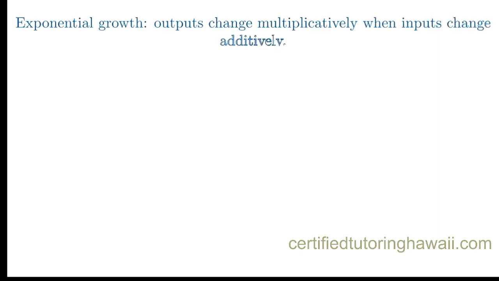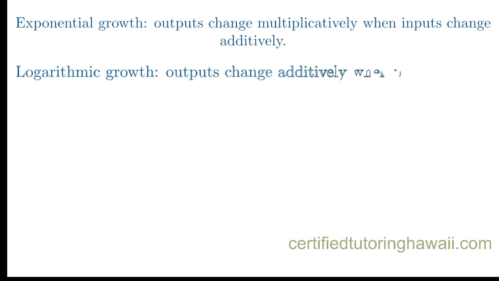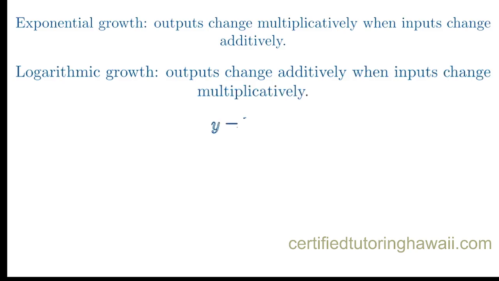Just like we saw that exponential functions have a unique pattern of growth, logarithmic functions have their own unique pattern. It's the reverse. While exponentials turn additive inputs into multiplicative outputs, logarithms turn multiplicative inputs into additive outputs. The outputs change additively when inputs change multiplicatively. Let's use our example, y equals log base 2 of x. To calculate this, we ask, 2 to what power equals x?